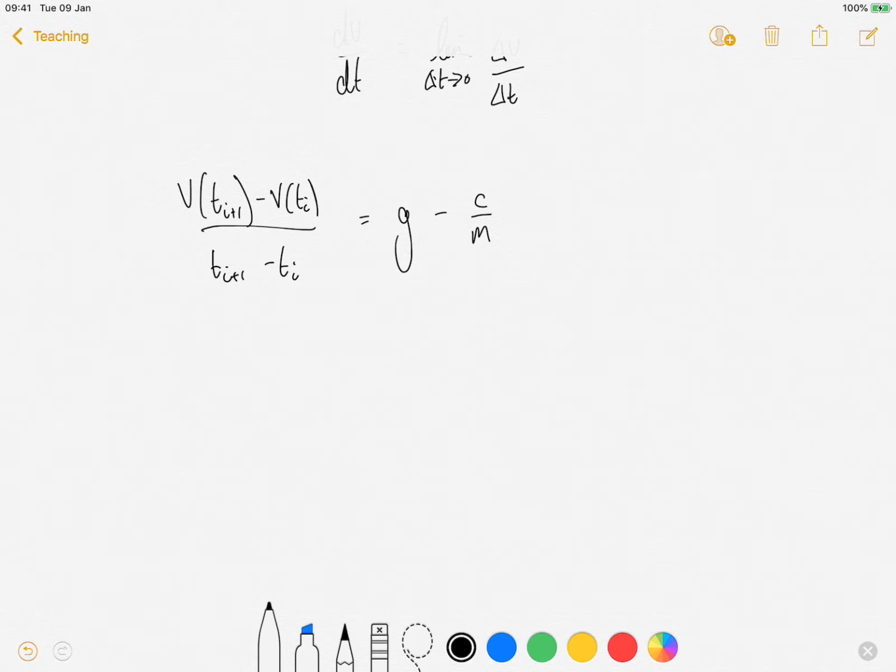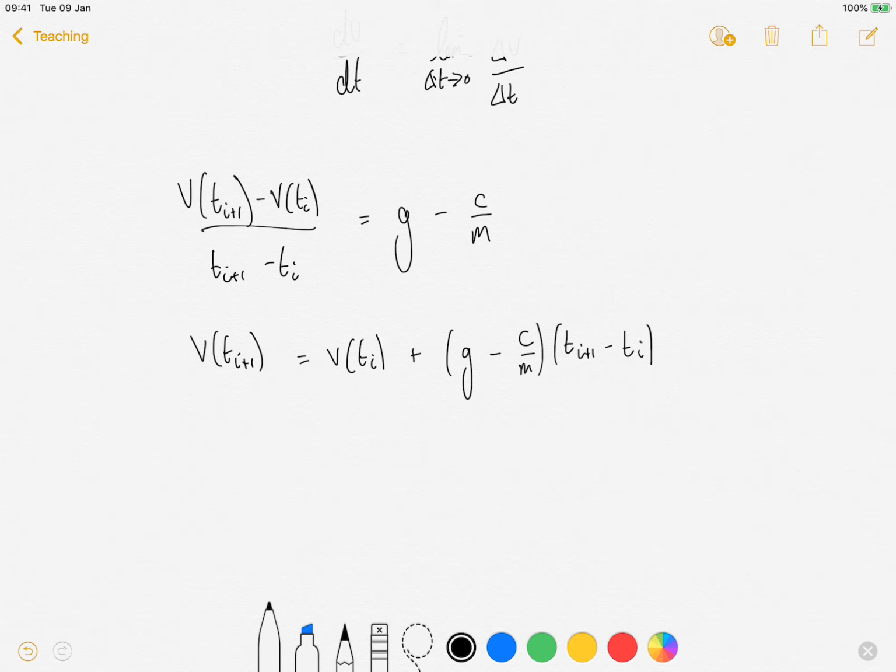And we can then reshuffle this around to get the velocity at our next time step, v of t i plus 1, being equal to the velocity at our current time step plus our acceleration due to gravity minus the drag coefficient divided by mass, and that all multiplied by our time step, t of i plus 1 minus t at i.